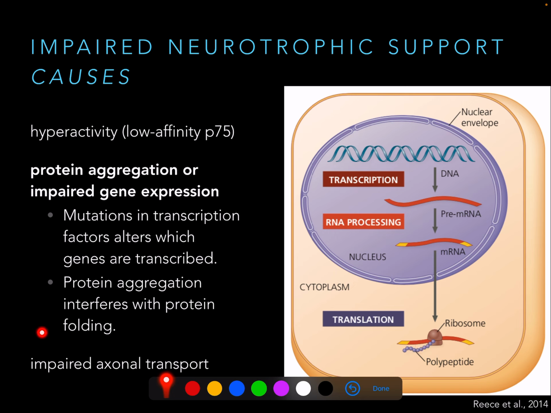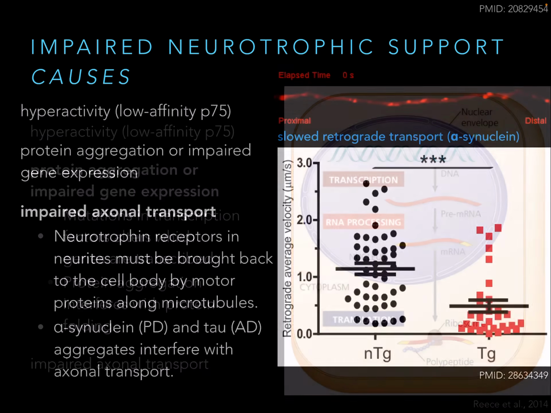Protein aggregation disorders interfere with the folding of those proteins. Structure is function. If we don't fold the protein up correctly, it doesn't do its job. And remember, proteins do everything in life. Neurotrophins are proteins. Their receptors are proteins. So anything that interferes with protein production can interfere with neurotrophic support.